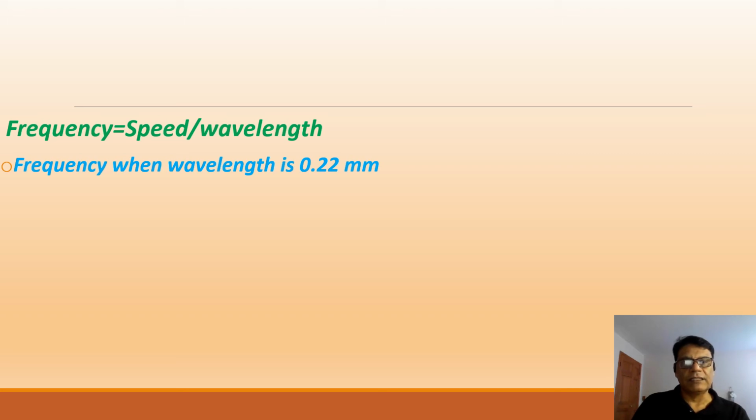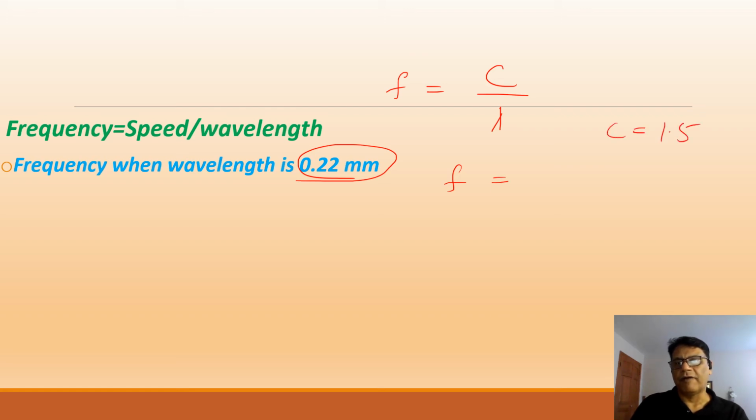When the wavelength is 0.2 millimeter, what will be the frequency? If they give you a wavelength, you can calculate the frequency. How will you calculate it? Take the formula C over wavelength. C is already known, 1.54 millimeter per microsecond.